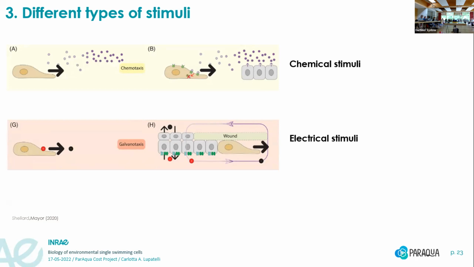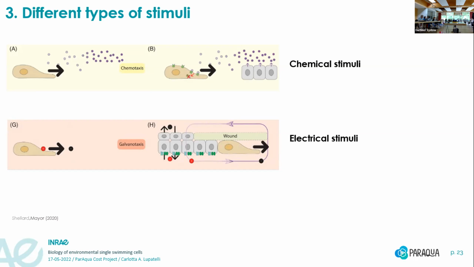In the case of chemical stimuli, we normally have a molecule which originates a response in terms of movement. The response in terms of movement in the case of chemical stimuli is called chemotaxis. So, for example, the organism can sense the presence of a particular molecule, let's say glucose, and say, I'm interested in it, so I go toward the glucose.